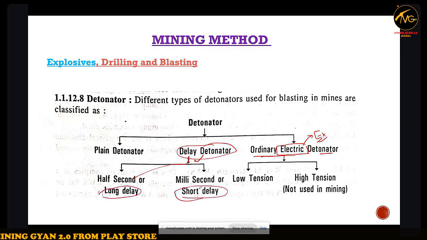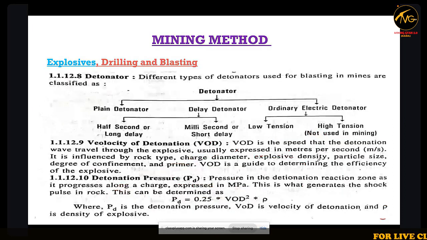You should know short delay means millisecond. Synonyms: millisecond short delay, half second long delay. And ordinary electric detonator is also of two types: low tension, high tension.